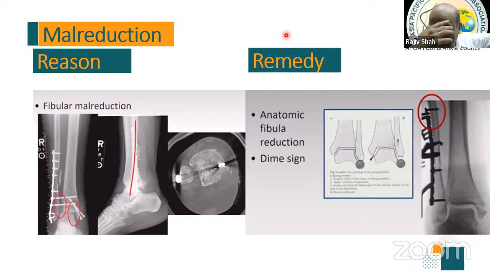So the best thing is to use finger and thumb compression in all fresh cases, and you are able to compress it and bring it nicely to the normal reduction. Now, for fibular malreduction, if you look at the dime sign and the talocrural angle, and sometimes use a push-pull screw, then you are able to prevent fibular malreduction and thereby syndesmotic malreduction.